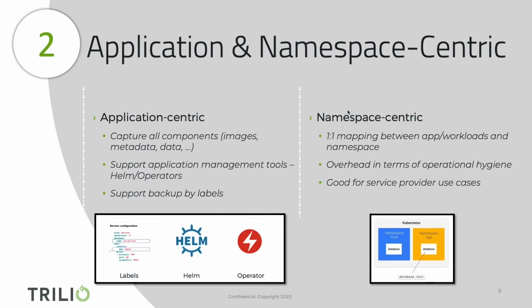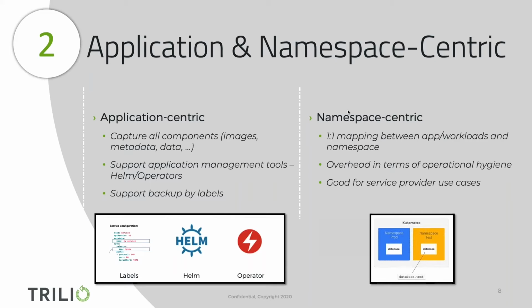So your solution should be capable of backing up your Helm charts directly, your operator-based applications directly, or if you have applications just based on labels. So it should be completely application centric, being able to back up all these different types of toolings or different types of management mechanisms that are available today.